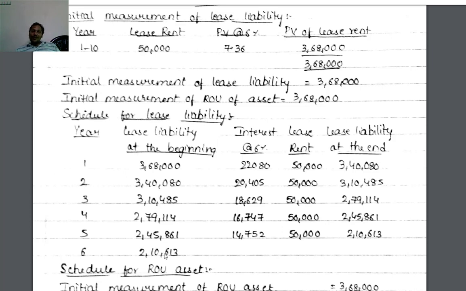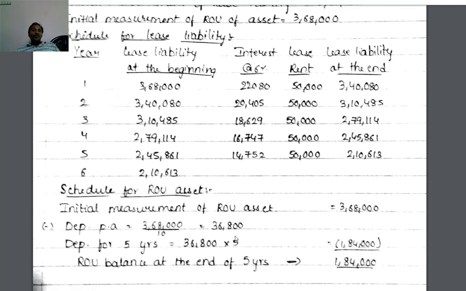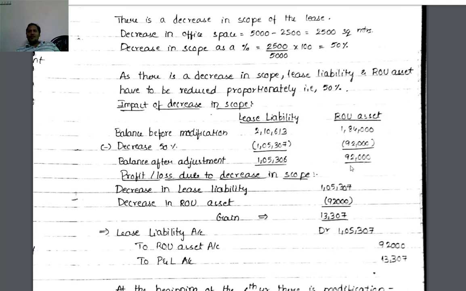Lease liability balance at the beginning of the sixth year, and the ROU asset, after depreciating for 5 years, balance at the end of 5 years or beginning of the sixth year, we arrive at. Now a 50% decrease in scope is there for the lease. Decrease the lease liability and ROU asset proportionately. So whatever the balance before modification is, we decrease it by 50% and arrive at the balance.